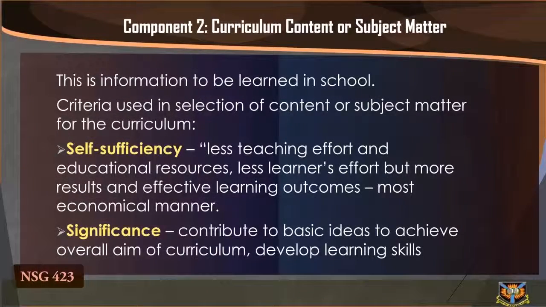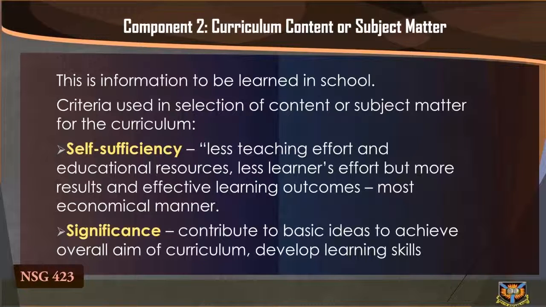Component 2: curriculum content or subject matter. This is information to be learned in school. Criteria used in selection of content or subject matter for the curriculum: self-sufficiency, less teaching effort and educational resources, less learner effort but more results and effective learning outcomes, most economical manner.